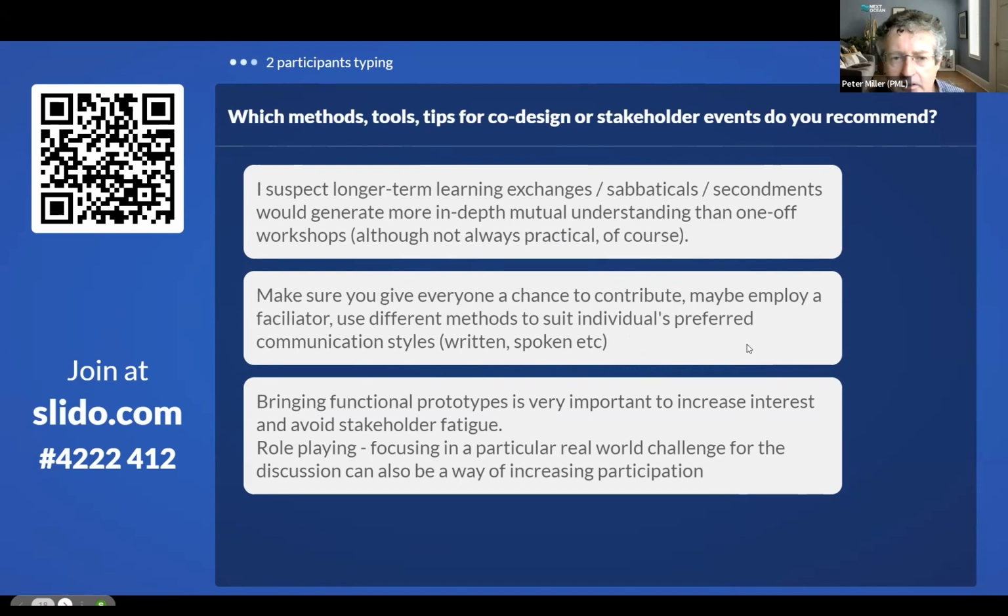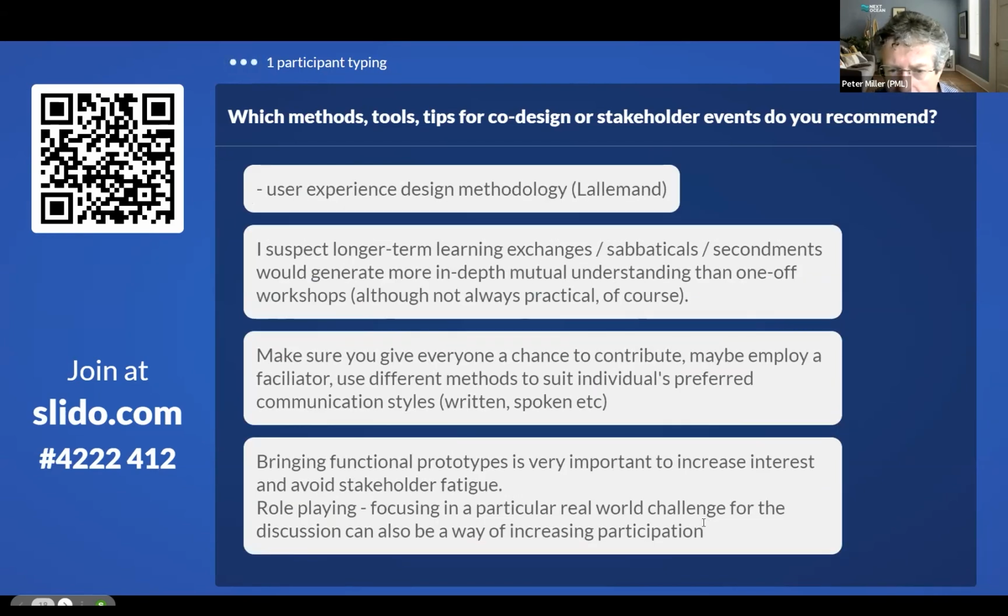So we've got ideas coming through now. I suspect longer term learning exchanges, sabbaticals, comments. Wow, that's something we would love to have time for, to do longer term exchanges. That's a nice thought, though. Yeah, make sure you've tagged everyone, that everyone's had a chance to contribute.